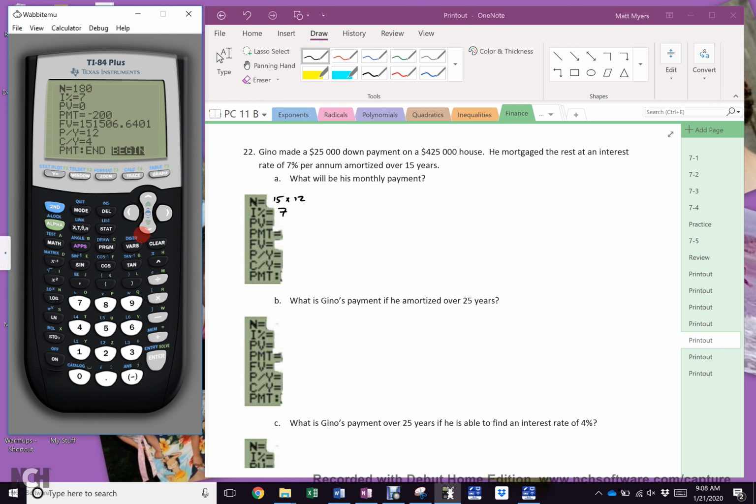Present value. How much did dude borrow? He borrowed $400,000, yeah? So that came into his pocket, right? So is that positive or negative? Positive. 400,000.